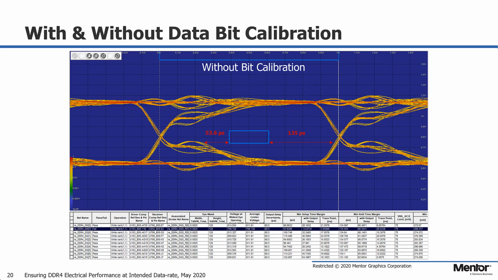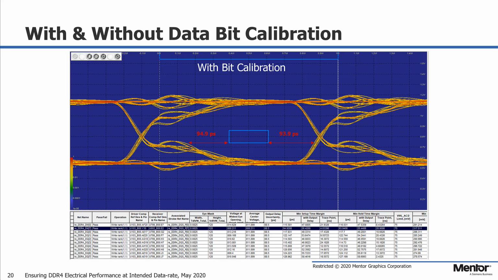In this example, you can see that the data mask signal setup margin is off balance without the bit calibration turned on, and the worst case margin with the uncertainty subtracted is failing by negative 14 picoseconds. You can also see from the margins for all other signals that there is less setup margin than hold margin.